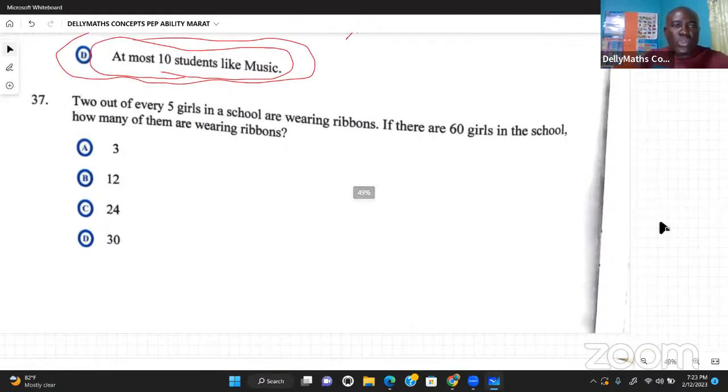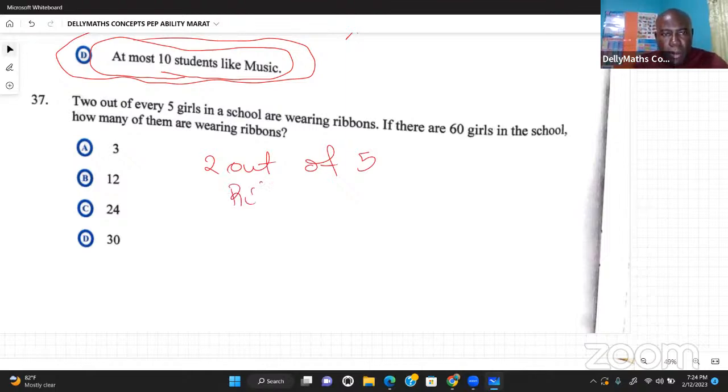Now 37. This is a different question. 2 out of every 5 girls in a school are wearing ribbons. Let's write it down. 2 out of 5 are wearing ribbons. If there are 60 girls in the school, how many of them are wearing ribbons?